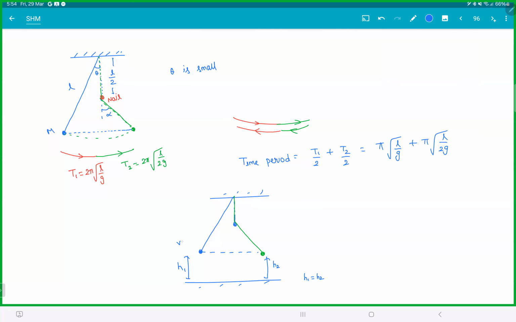Because here the velocity is 0, here the velocity is 0. Total energy is conserved, so kinetic energy plus potential energy is constant. If kinetic energy is 0, then potential energy must be same. When you stop on the right side, you will be at the same height. That is a catch in the question. Without that, you won't get an answer if you don't figure out that part. That's what makes this question good. And this is alpha here. So this length will be, this is L by 2.